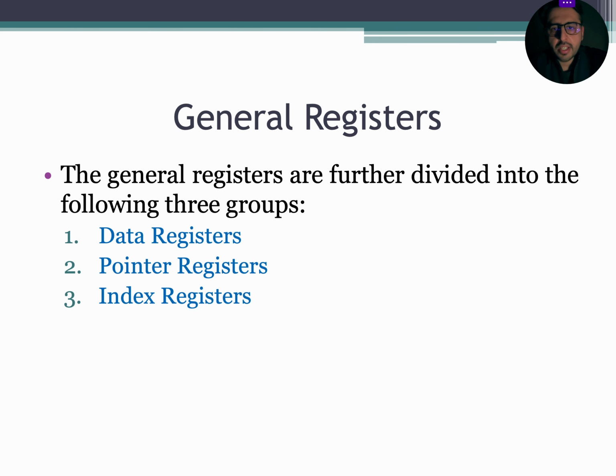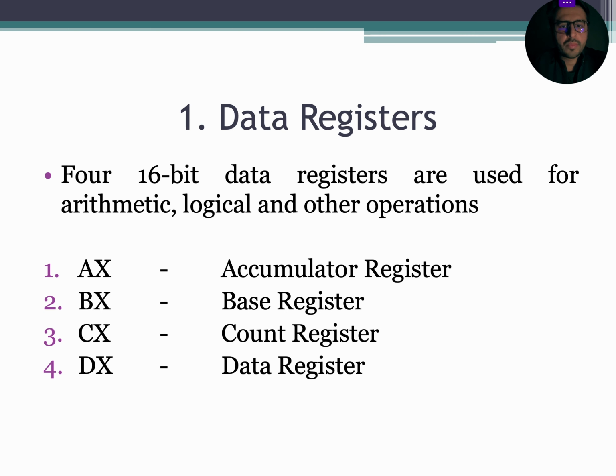Now let's discuss the second category of registers, that is general registers. The general registers are further divided into the following three groups. First, data registers. Second, pointer registers. Third, index registers. First are data registers.